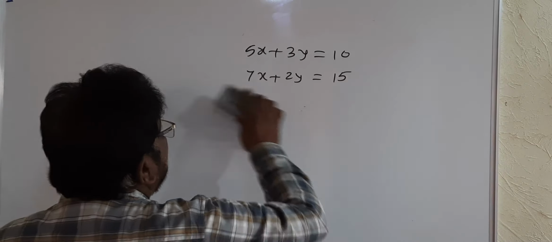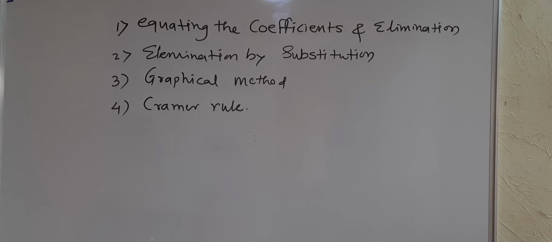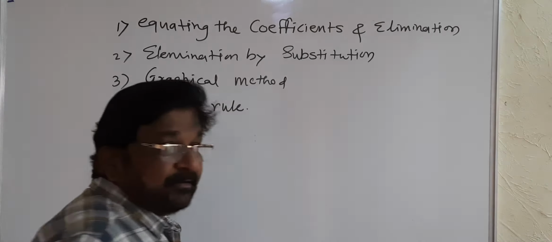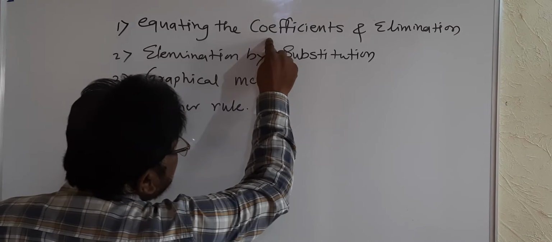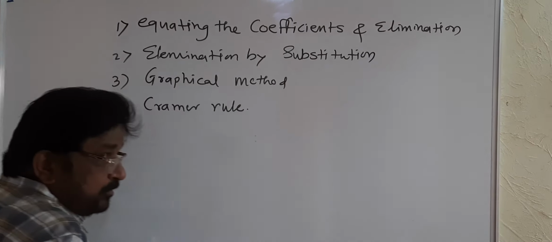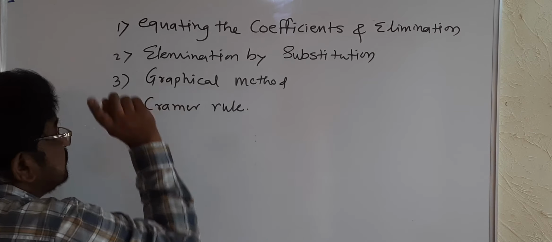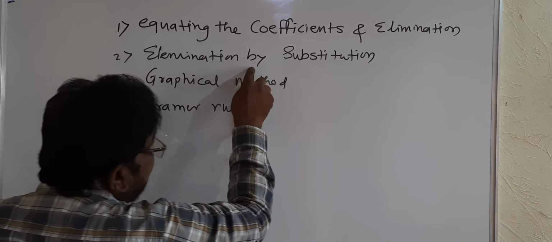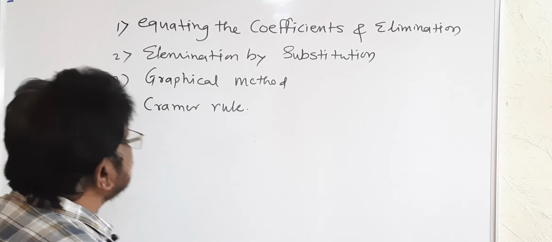There are four methods of solving simultaneous equations. One is by equating coefficients and then elimination. Second is elimination by substitution.